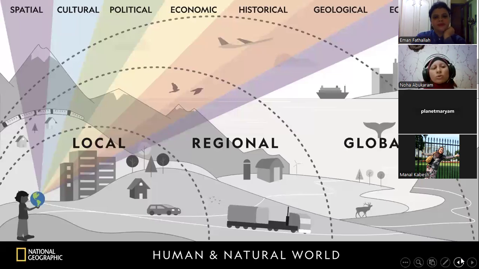Is it according to the spatial perspective, cultural, political, economic, historical, ecological, geological? So you have 7 perspectives that you can use to investigate any authentic problem.